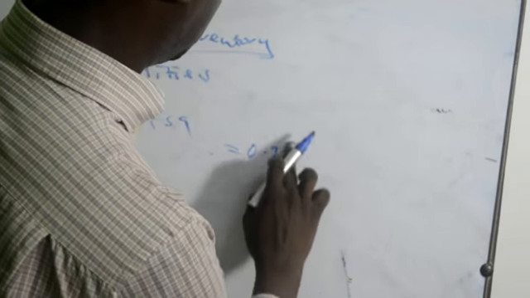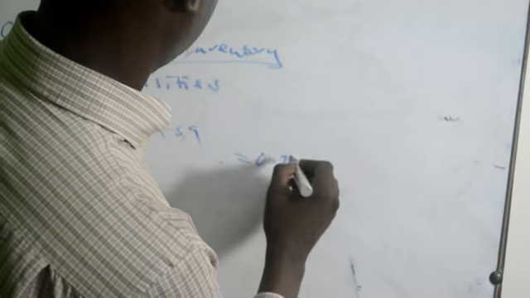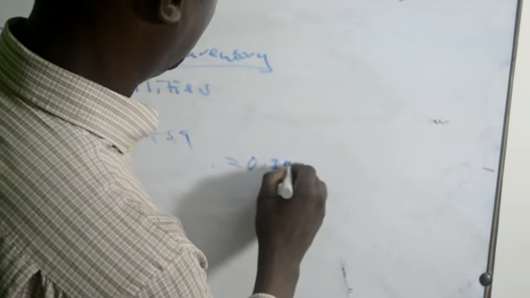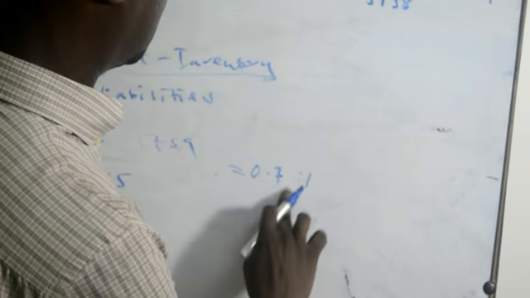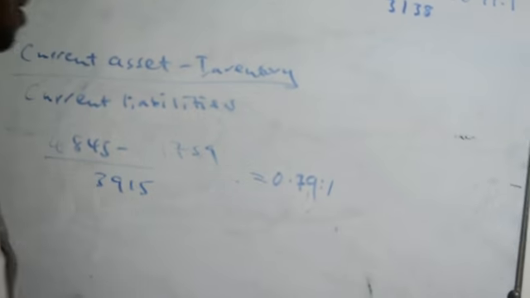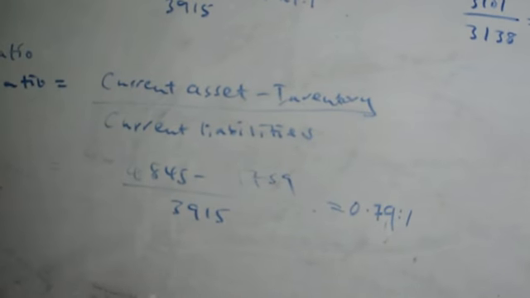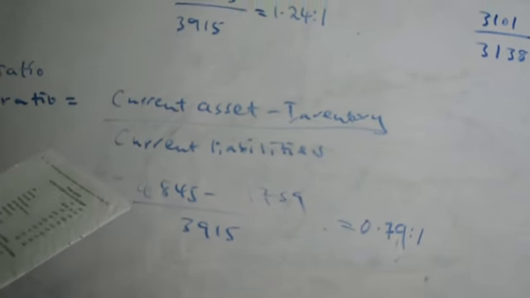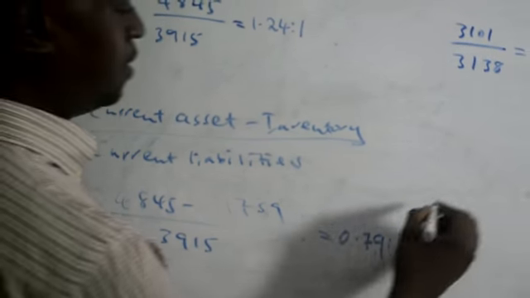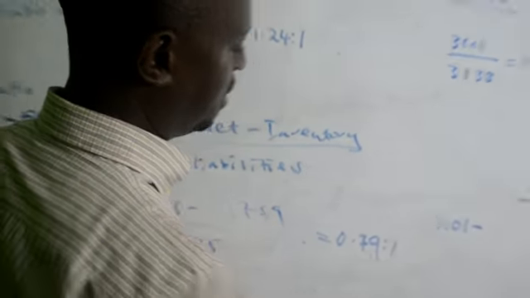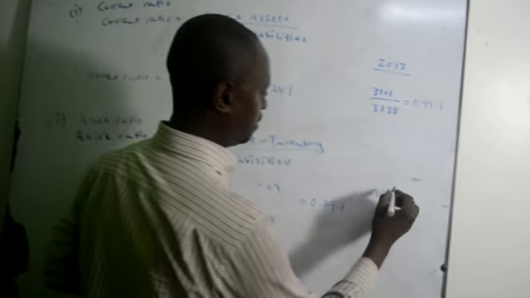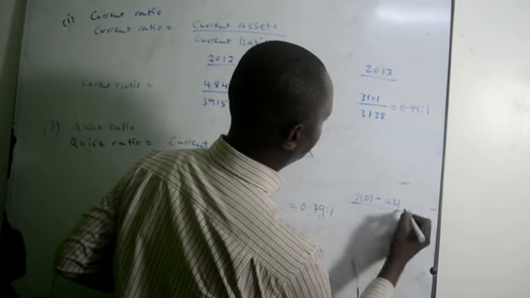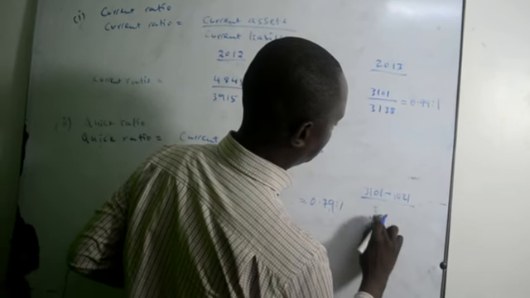Now I've decided to leave my answer in 2 decimal places. So next we have 3101, subtract inventory for the year 2013, which is 1021, divide by 3138.